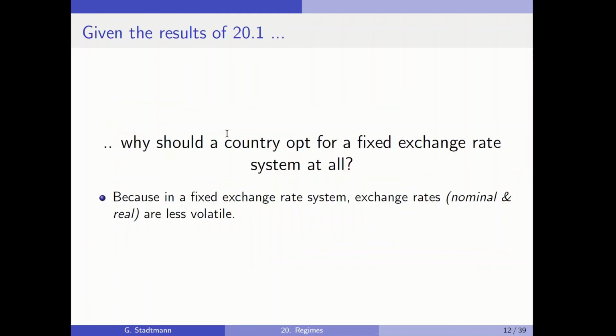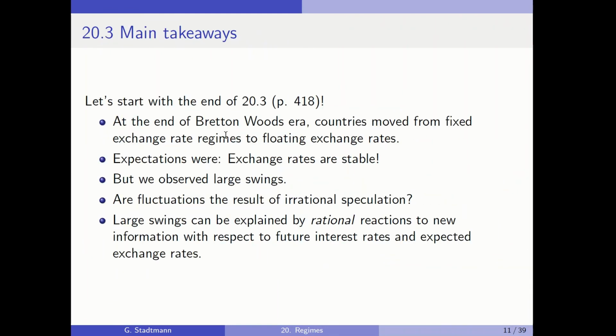Nevertheless, in the next few steps, I would like to derive a relationship so that we can talk about this last bullet once more. Large swings in the nominal exchange rate can be explained by rational reactions to new information with respect to the future interest rate or the expected exchange rate.